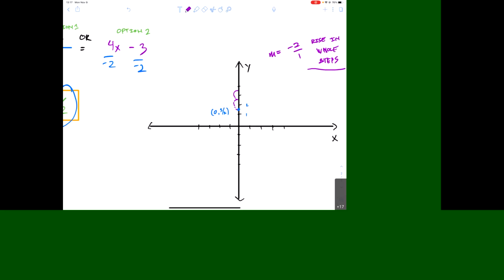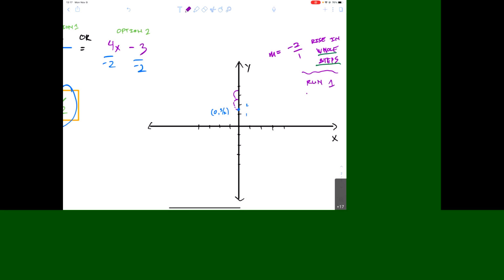So we rose 2 in whole steps. Actually, let me do that in a different color. In whole steps. And then we run 1, but to the left or right? To the left. Because the slope is negative, right?